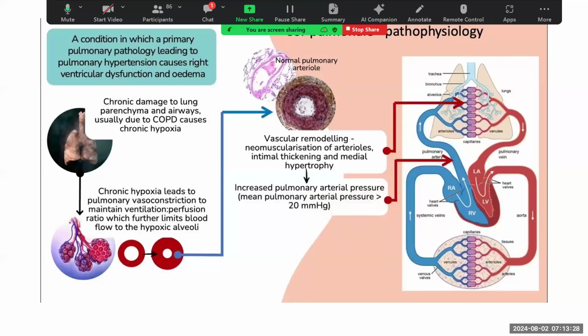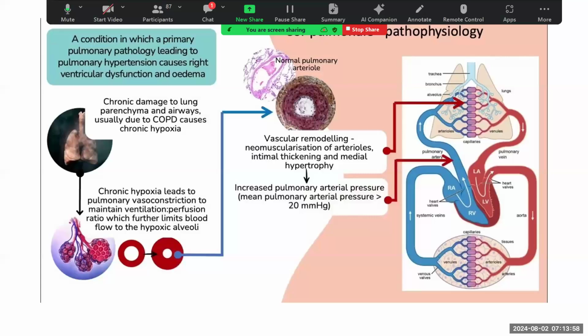In severe hypoxia, the pulmonary vasculature attempts to increase blood pressure. By doing so, it goes through some vascular remodeling, which further narrows the patency of those vessels, and then in the end, there's an increase in the pulmonary arterial pressure, which usually will be 15 or below.